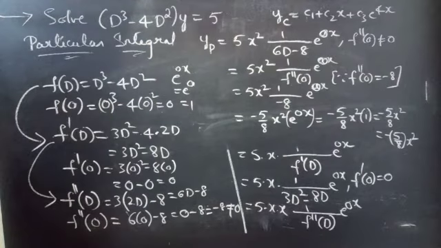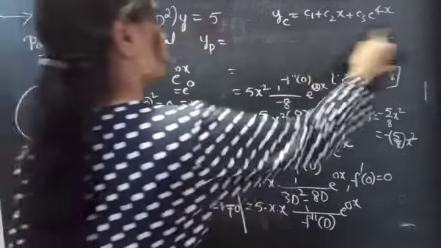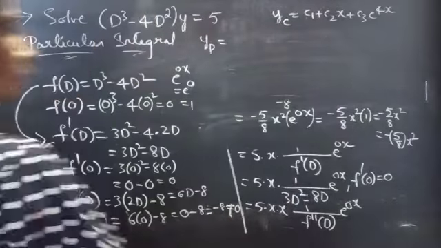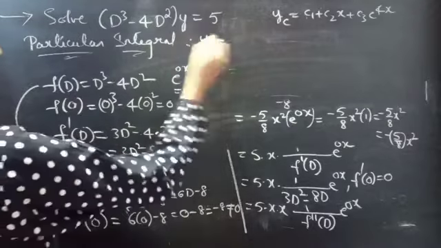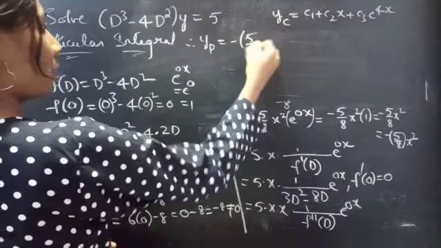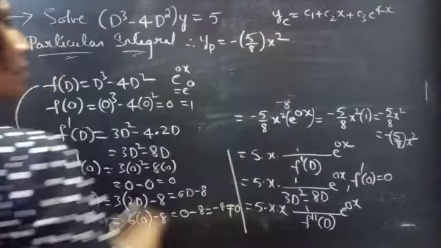Okay, so yp, therefore yp equals to minus 5 by 8 into x square.